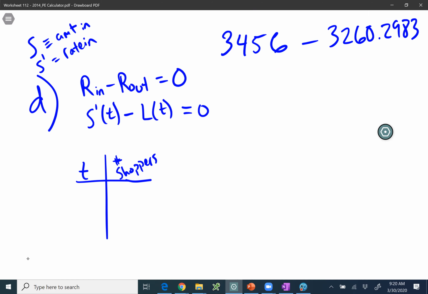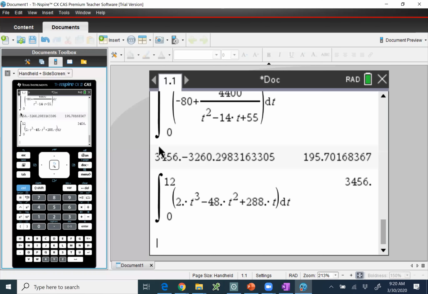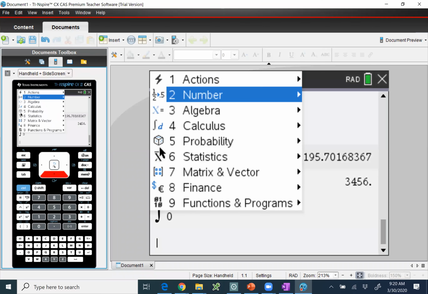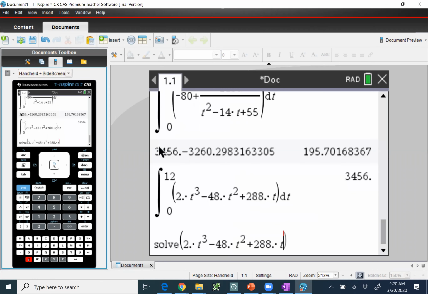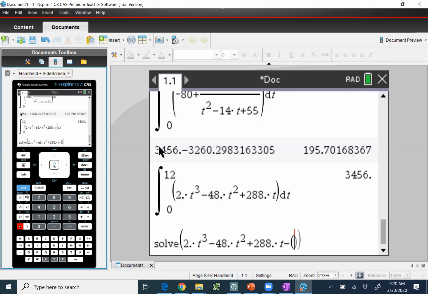Anyways, back here on our calculator, we just go to Solve, Menu. I want to show this today because we haven't done this in a while, and I'm pretty sure it's going to be happening on the AP exam. We already took the derivative, so that's what I've copied. That 2t cubed is the derivative. And then minus, let's make sure that we put this in parentheses for L of t.